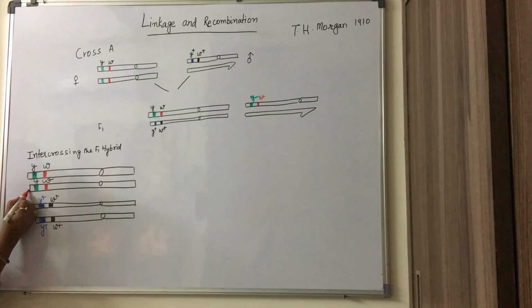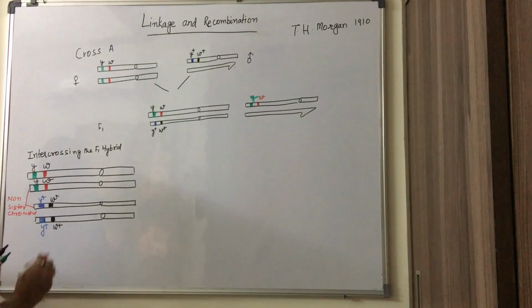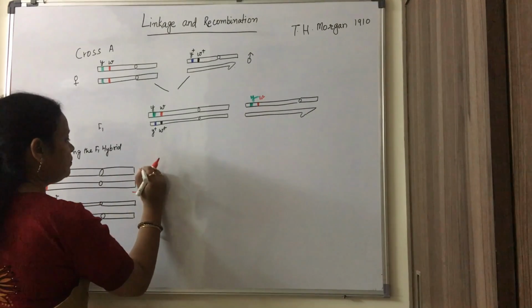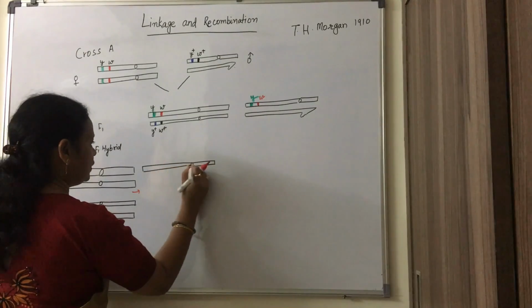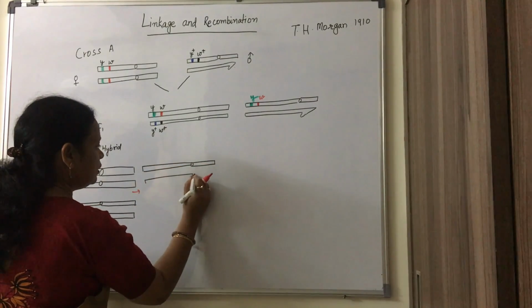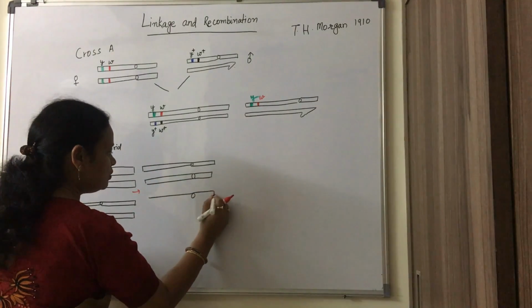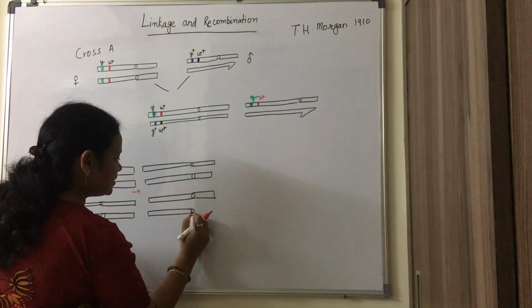There is crossing over between these two non-sister chromatids, and this crossing over occurs in meiosis 1. This arm will remain as such. In this arm there occurs crossing over, in this arm also, but this arm remains as such.